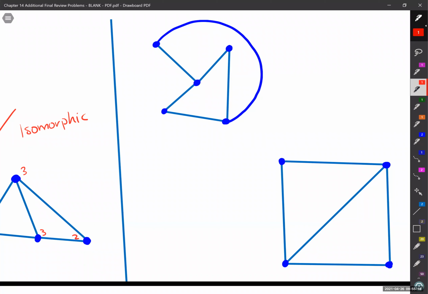So let's just count. The number of vertices for this one is 1, 2, 3, 4, 5. Whereas here, do y'all agree there's 1, 2, 3, 4 vertices? No more work needs to be done. If they don't match the basic information of same degrees or same vertices and same number of edges, then we don't even need to think about the more complicated step. So these are not isomorphic.